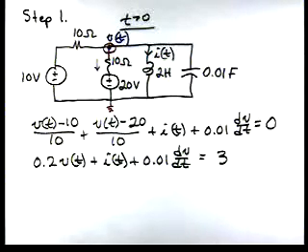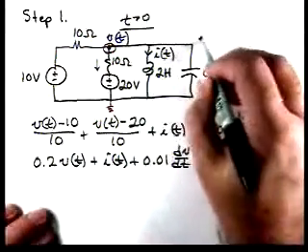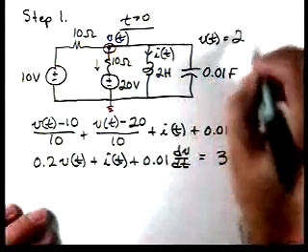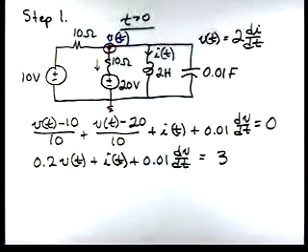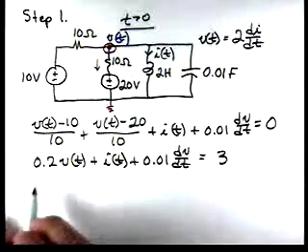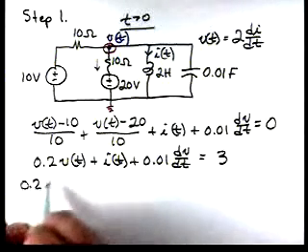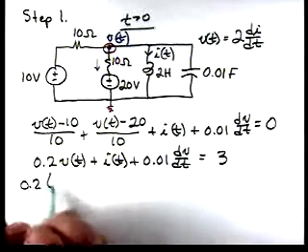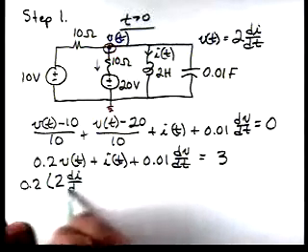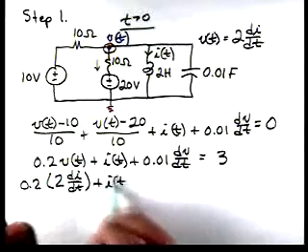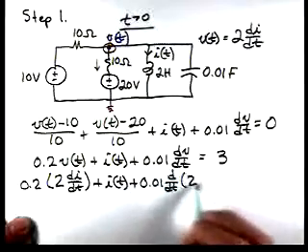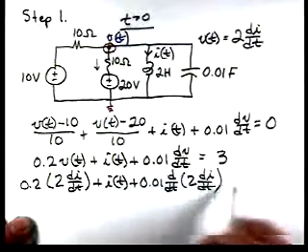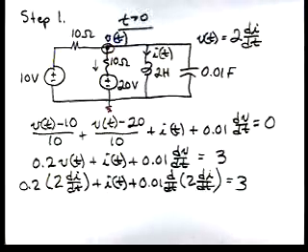If we go up to our circuit, though, we can see that we can write v(t) is 2 di/dt. So now let's substitute that into our equation. So we've got 0.2 times 2 di/dt plus i(t) plus 0.01 times the derivative of 2 di/dt.